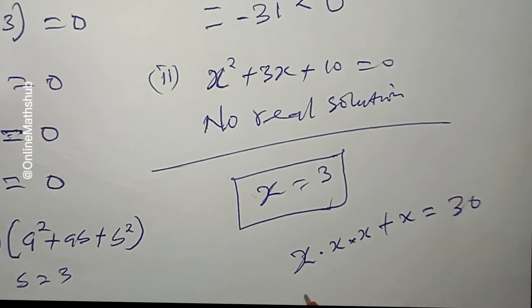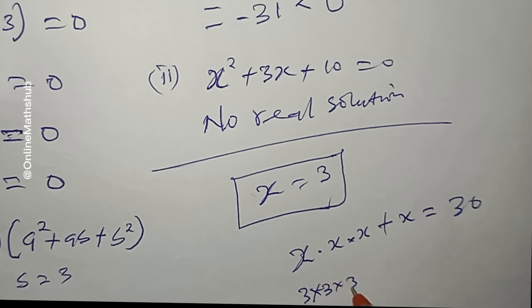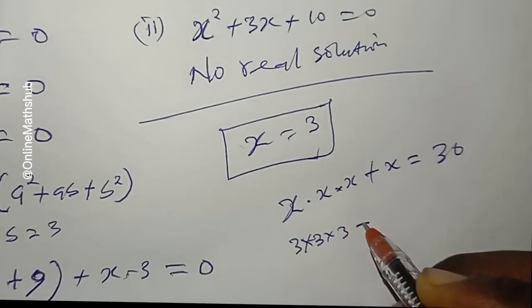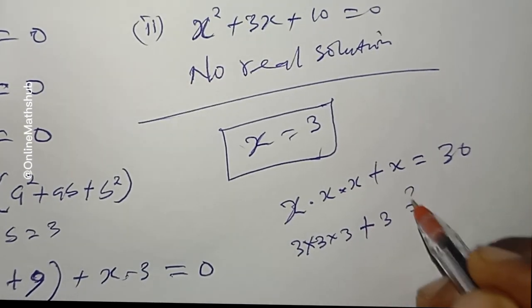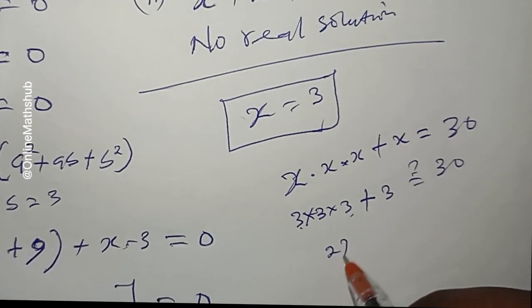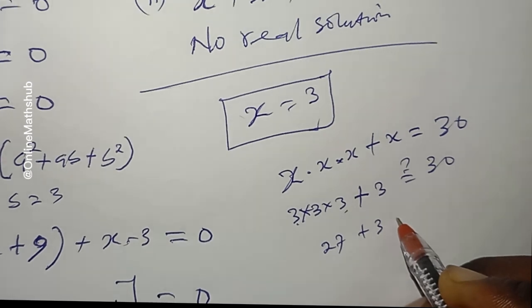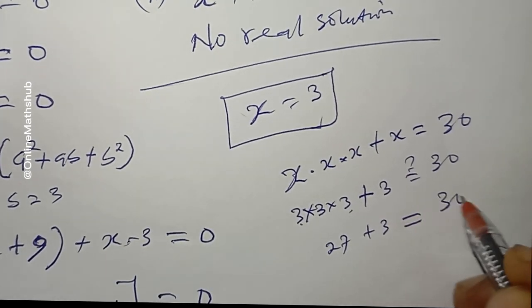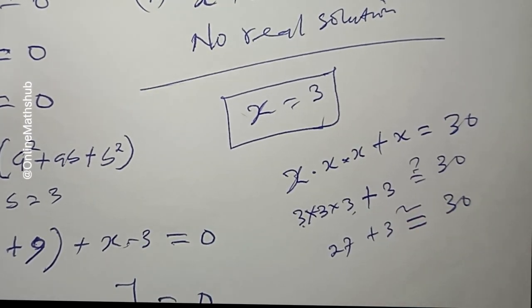If you put 3 right here, 3 multiplied by 3 multiplied by 3, plus 3, would that give 30? Obviously 3 times 3 times 3 is 27, plus 3 here, and that is equal to 30. So that satisfies the problem.